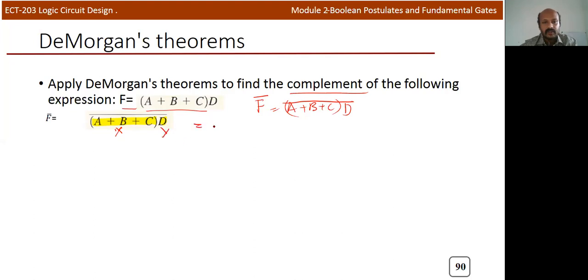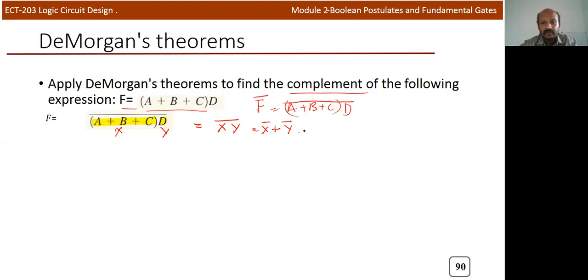So which is equal to, I can write, x y the whole bar. Actually, if you consider x is equal to a plus b plus c, and d is equal to y, you can write x into y the whole bar. So if you split that, it becomes x bar plus y bar.